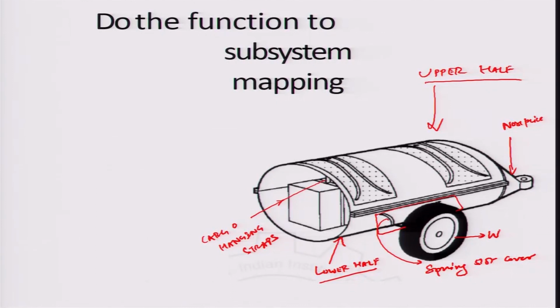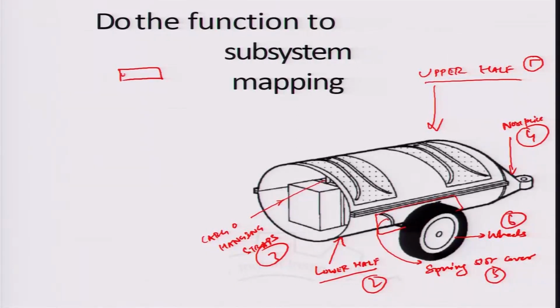Now, what we see is that if I wanted to do a subsystem level mapping of all the different functions, we will realize that there are multiple functions done by individual components. Right now, for example, there are at least 6 different items being listed here, and if I looked at how these 6 items would perform in terms of functionality towards the design, let us look at that mapping.